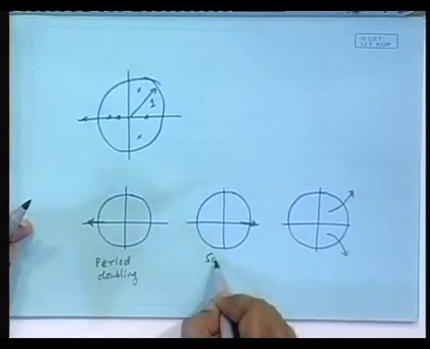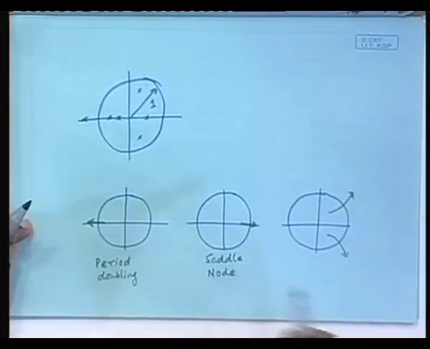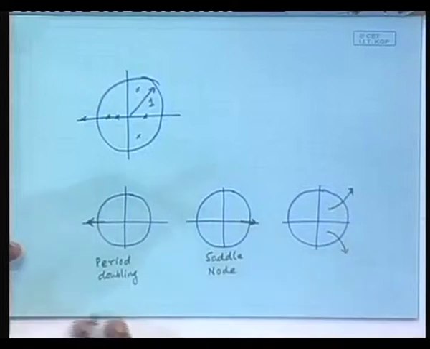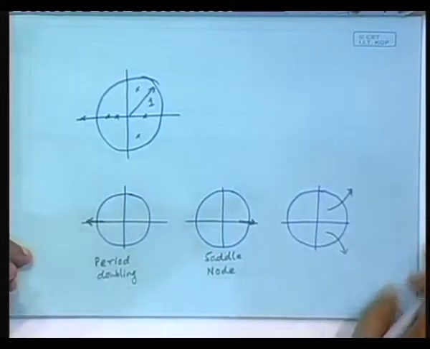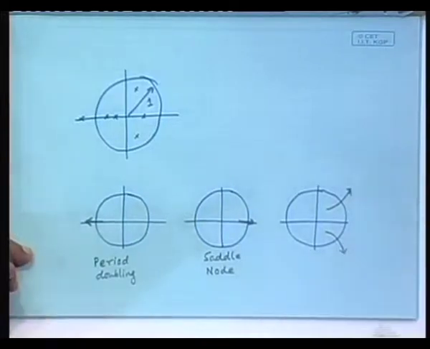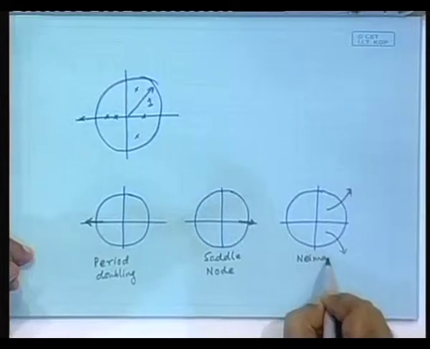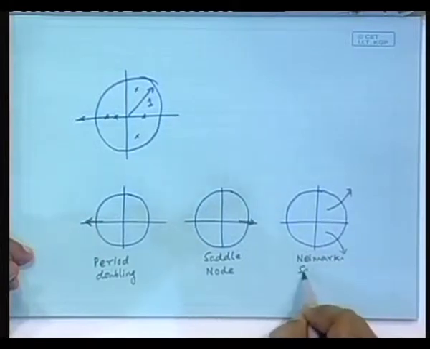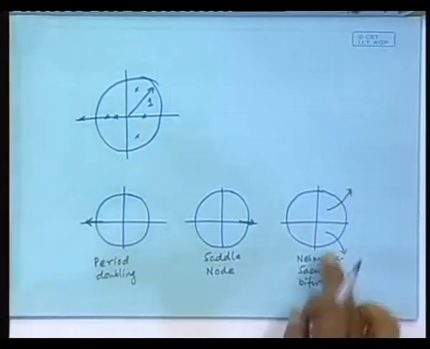This is saddle node, and this is a special situation which is similar to, okay, I will treat this a little later. It is called a Neimark-Sacker bifurcation. First, let us handle these two, and then we will come to this one.